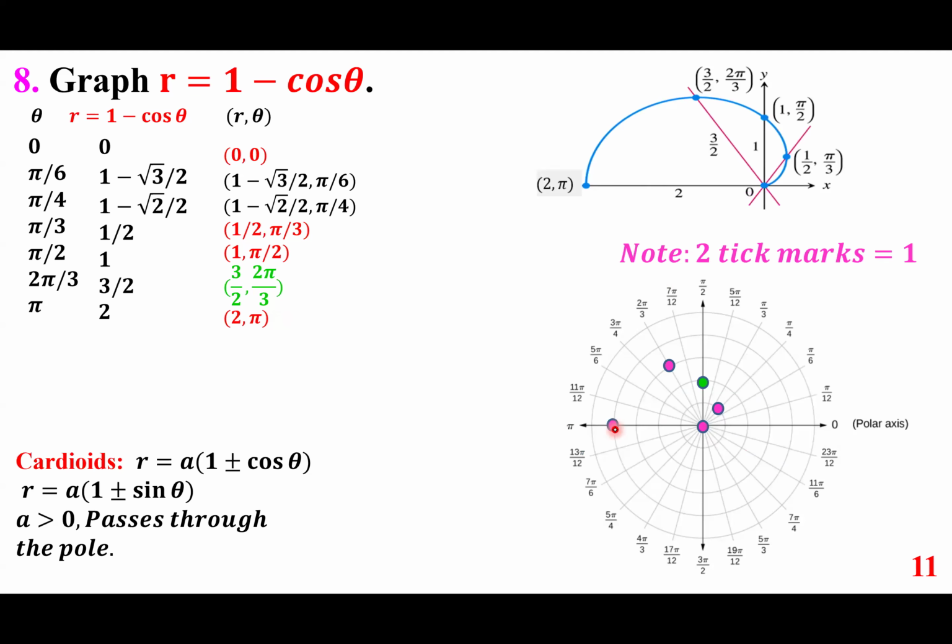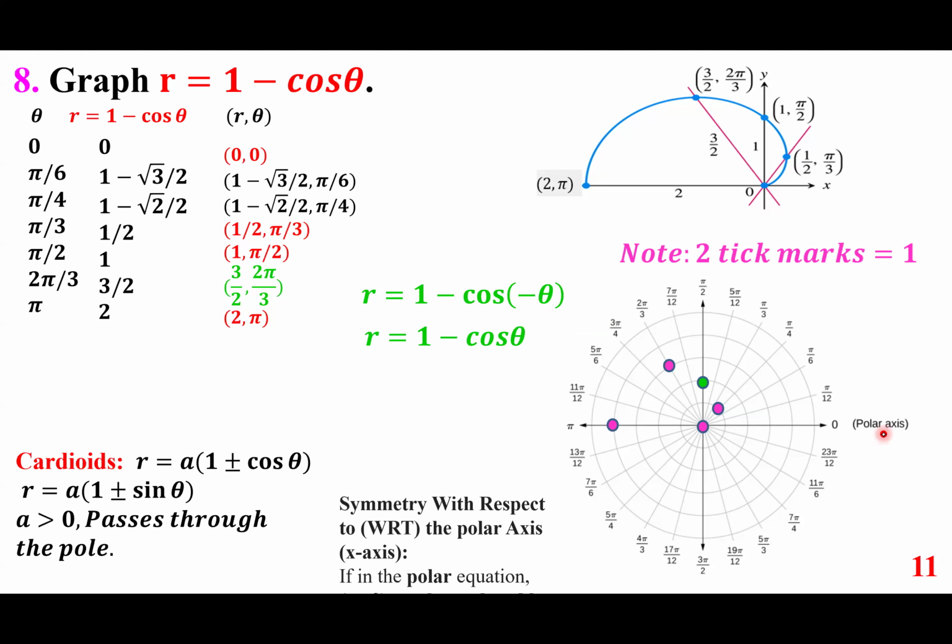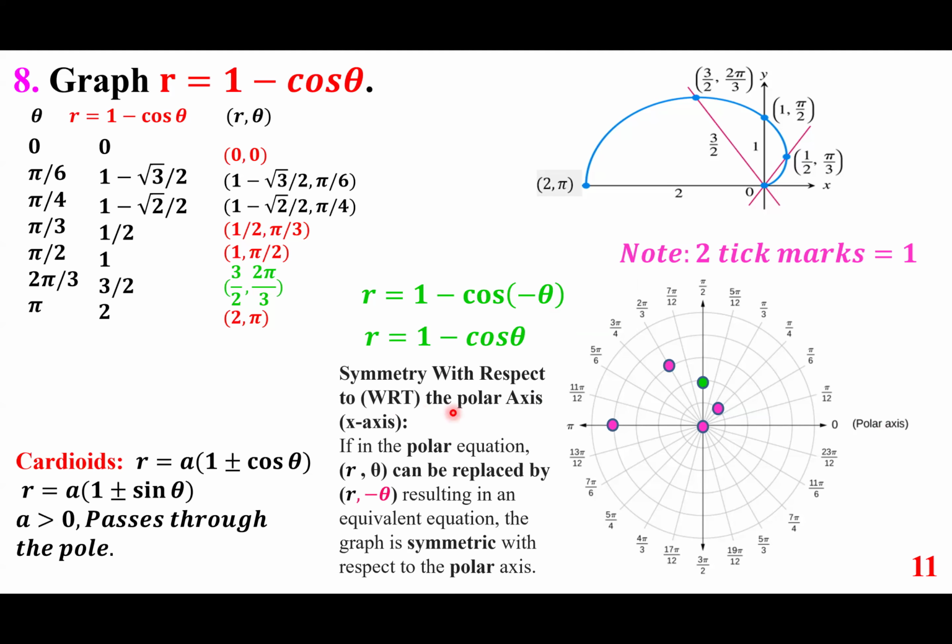Now, we can get more points. I'm going to discuss the symmetry to see what happens. Because you're dealing with cosine, and cosine of theta and cosine of minus theta are identical, that makes it symmetric with respect to the x-axis, more specifically, the polar axis.